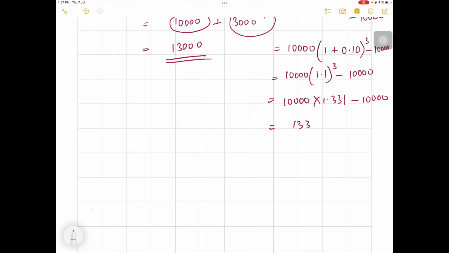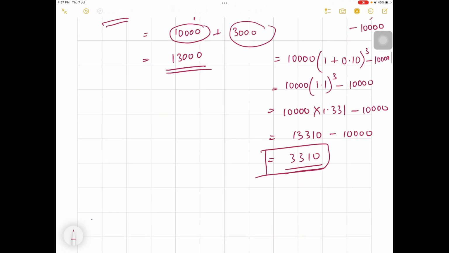13,310 minus 10,000, which is 3,310. So 3,310 is the compound interest.